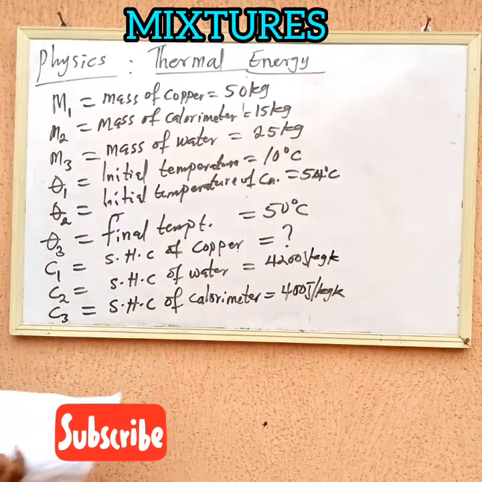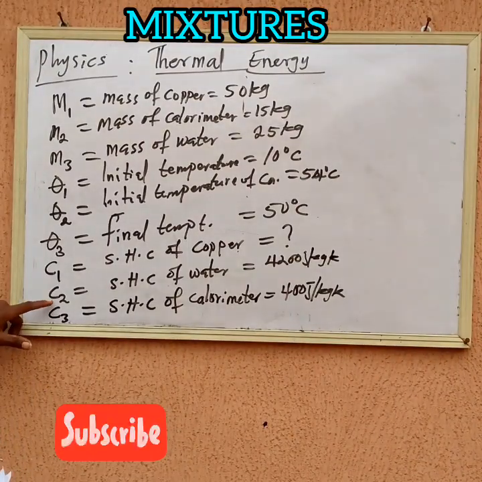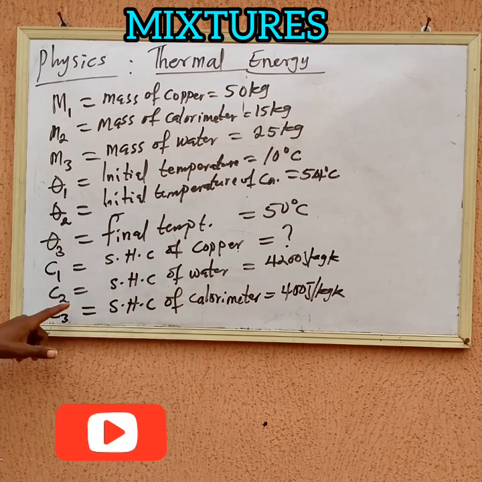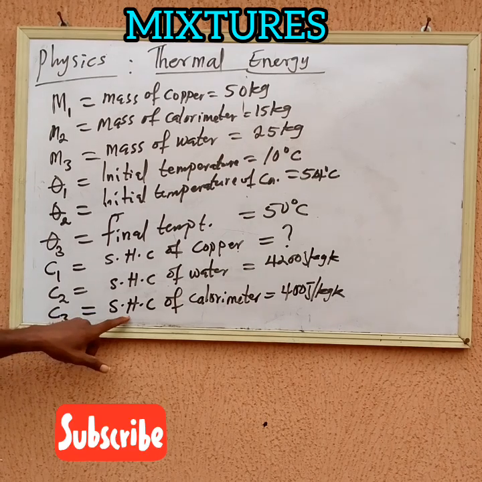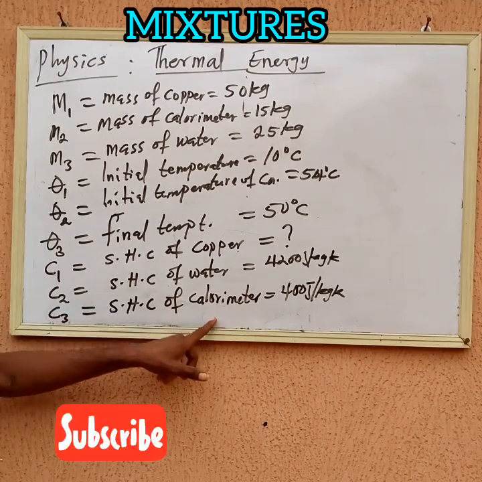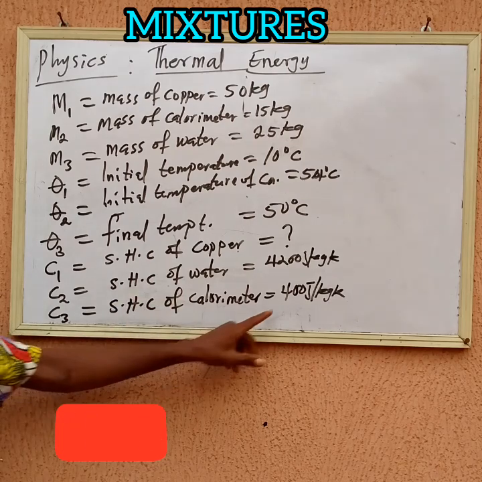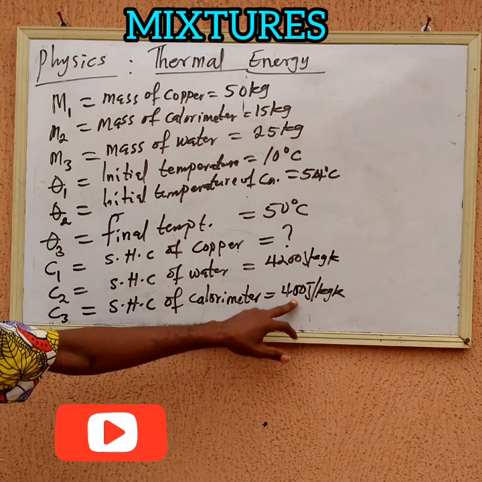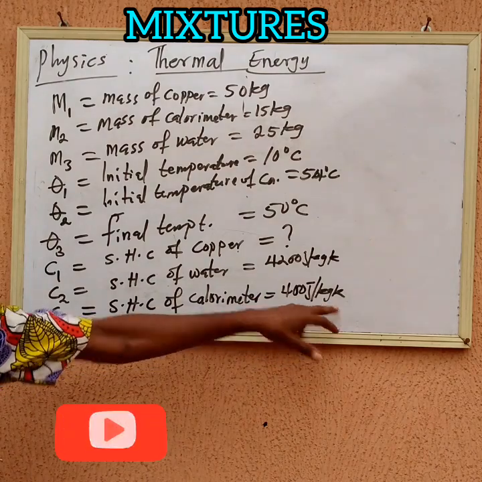So C2 represents the specific heat capacity of water. Then C3 is equal to the specific heat capacity of the calorimeter, which was used for the experiment. Here it is 400 joules per kilogram per Kelvin.